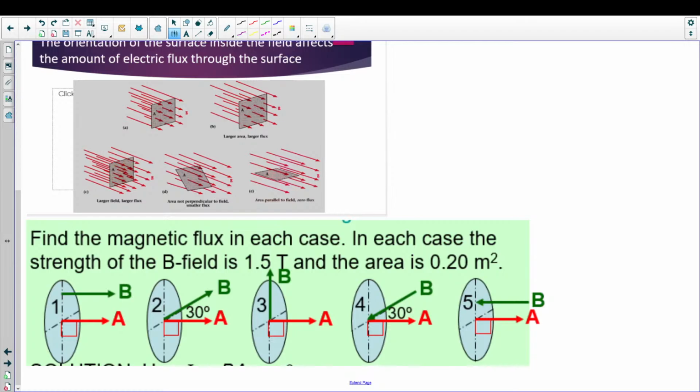So effectively, the angle we take, phi, is the angle between the perpendicular component of the area, which we call the normal, and the direction of the field. So basically, the angle phi is the angle between the normal and the field.